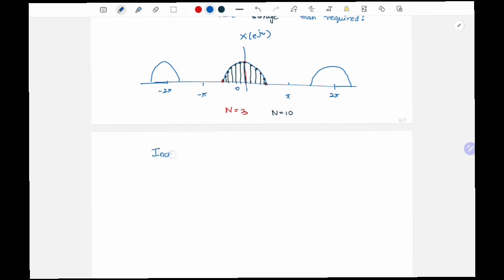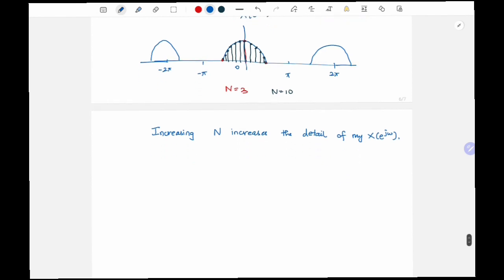So it just improves the detail of my X(e^jω). Increasing N increases the detail of my X(e^jω), or the sampled version of this. So that's why extra N minus L zeros are added to my x[n], and this is called zero padding.